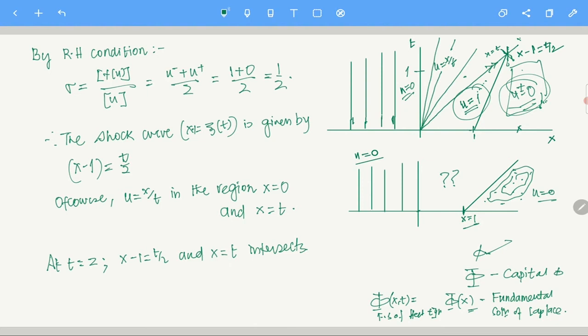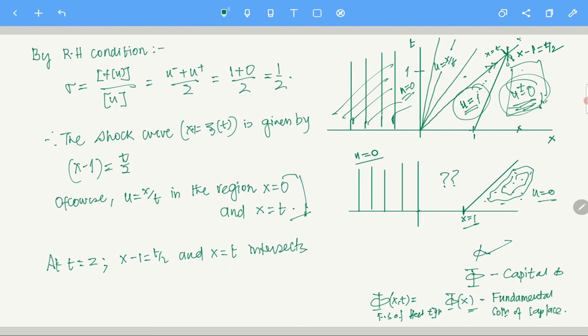If you are defining u to be 0 in this whole area, clear? u equals x by t in this wedge, between the x equals 0 line and the x equals t line. This is the rarefaction. u equals 0 on this area, where x minus 1 is greater than t by 2.